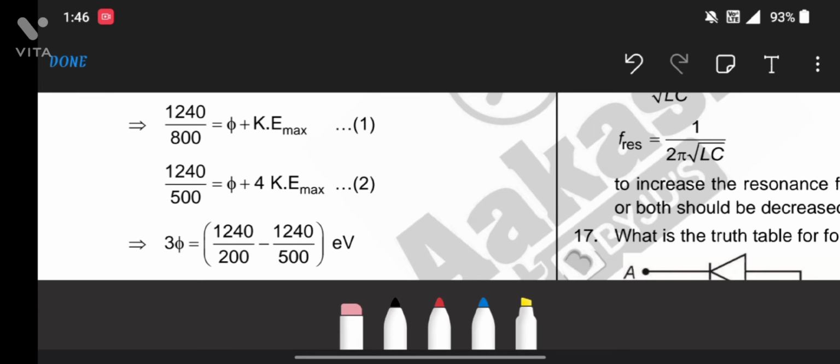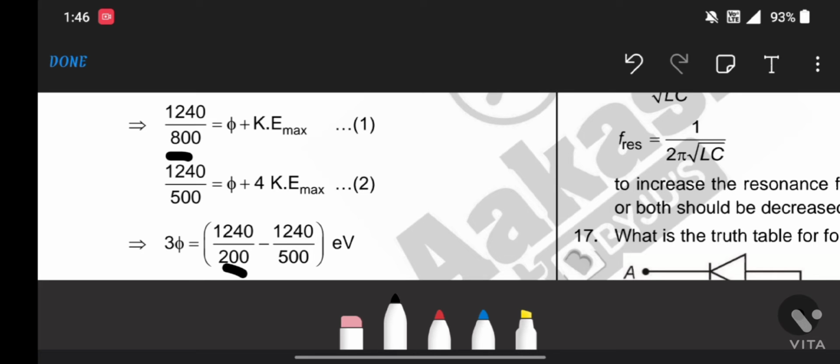So here, what happened is, you may have wondered how 800 became 200. The 4 electron volt was there, no? So we have divided the numerator and we got 200 electron volt.